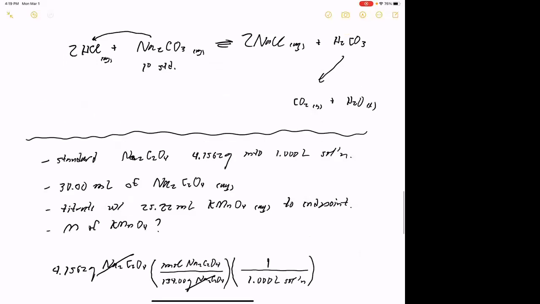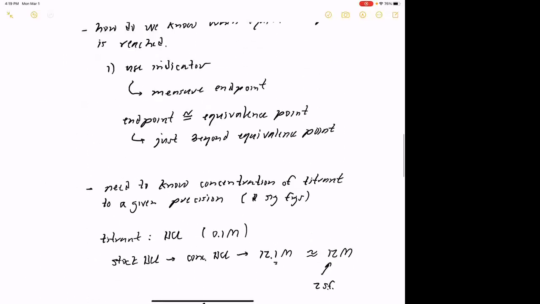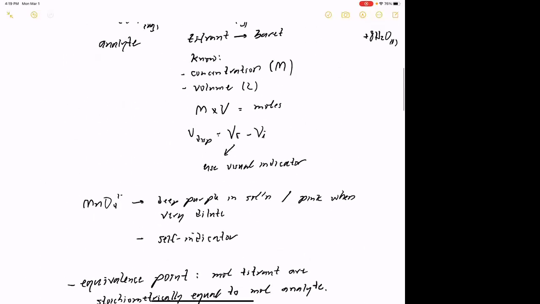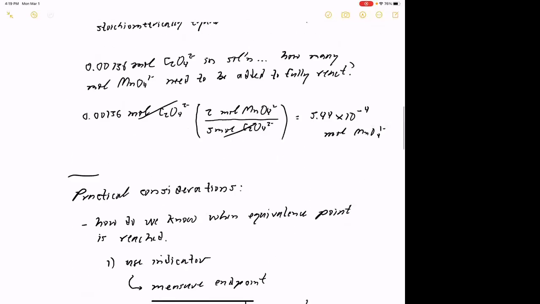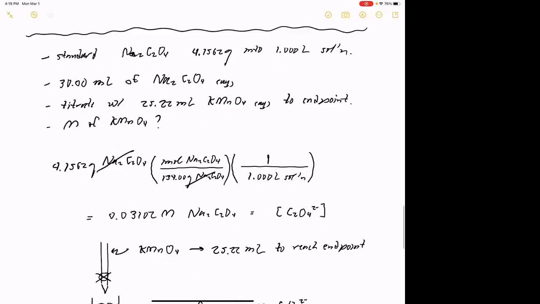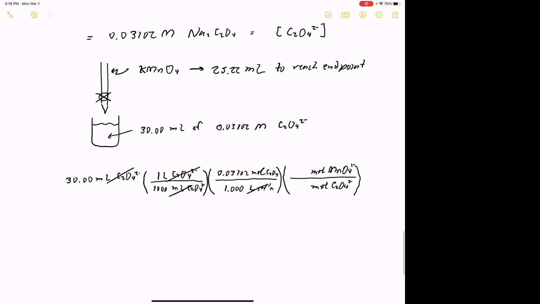What's that mole ratio look like? We actually had that reaction way up here somewhere. Oh yeah, 5 moles of oxalate for 2 moles of permanganate. So I need a 5 there and a 2 there. Did I get it right, guys? I think I got it right.